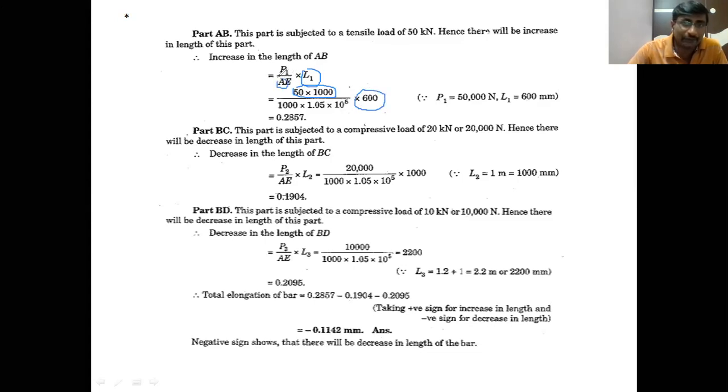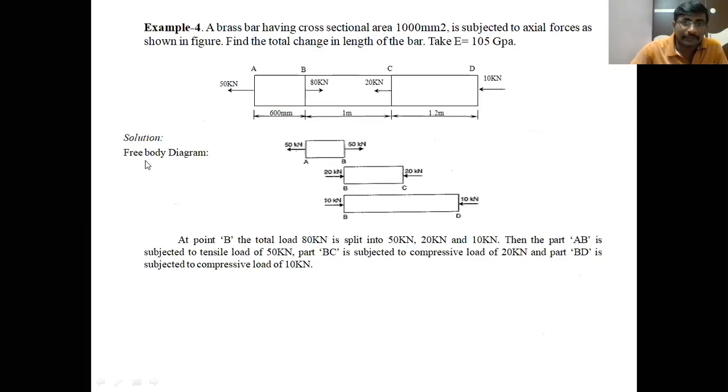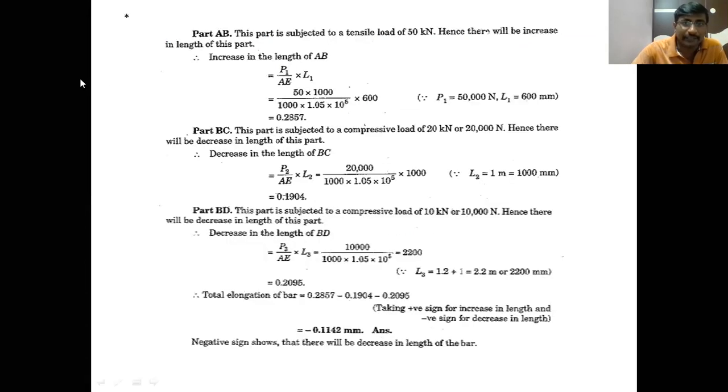Next, the area of the first section. How to calculate the area of the first section? In this case, the area of each section is equal, 1000 mm square, isn't it? So the cross-sectional area is the same for all three parts, AB, BC and CD. That's why we have taken A, not A1.